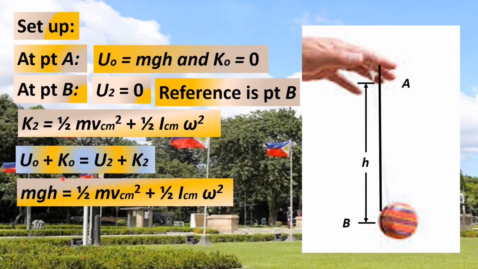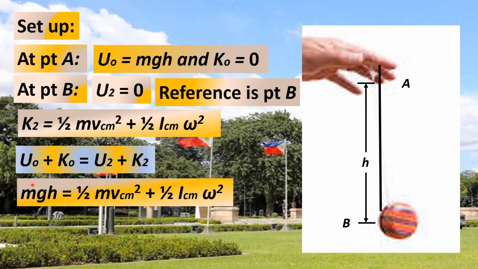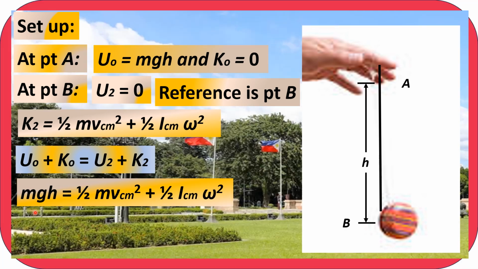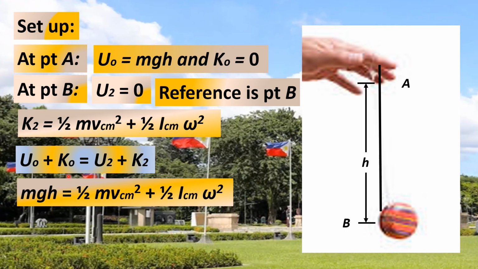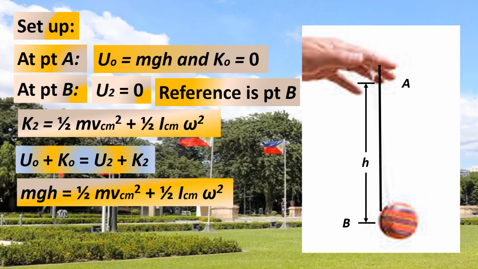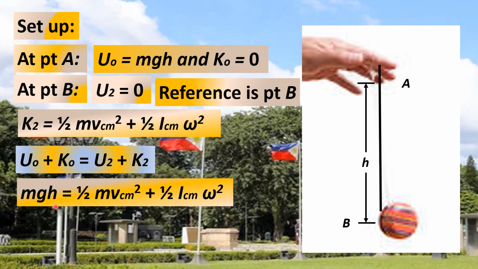So, capital U naught is expressed as mgh. It has no K naught. That is understood to be 0.